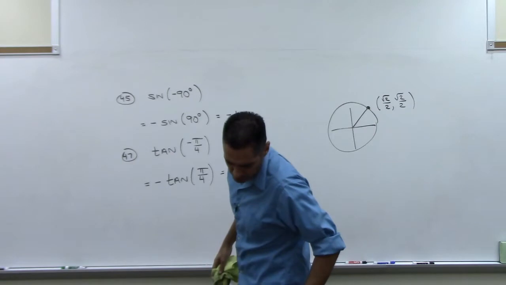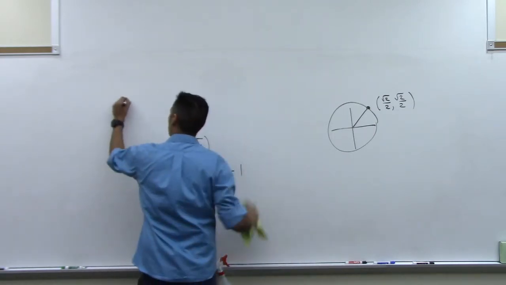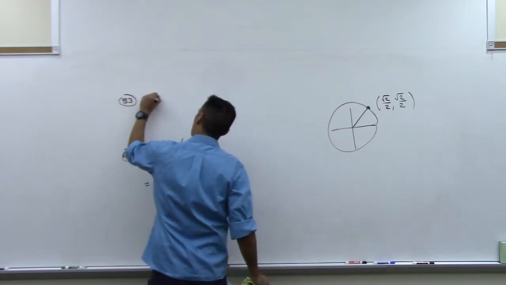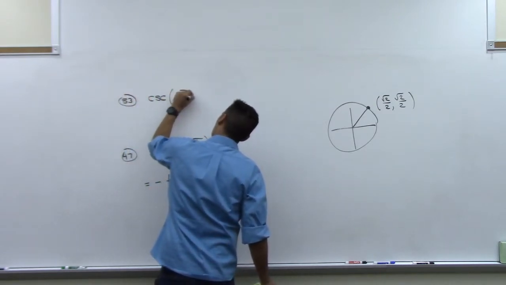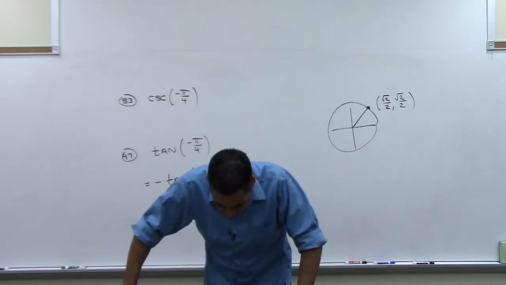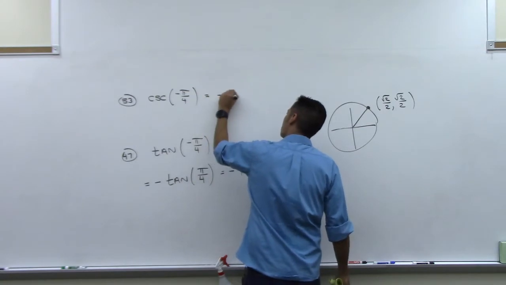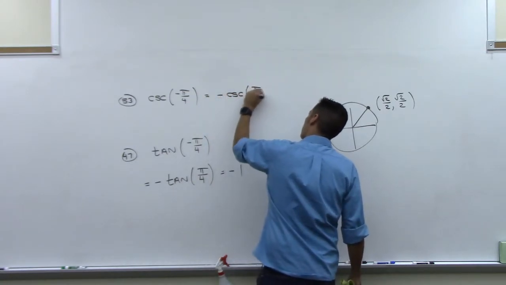All right, number 53, cosecant of negative pi over 4. Cosecant is also odd, so this is the same as negative cosecant of pi over 4.